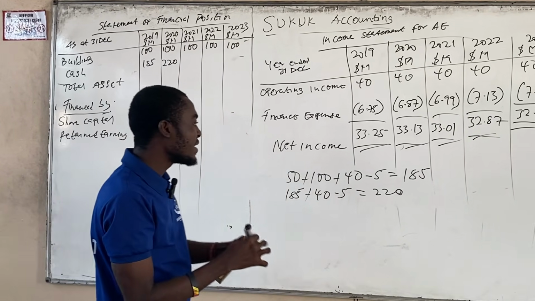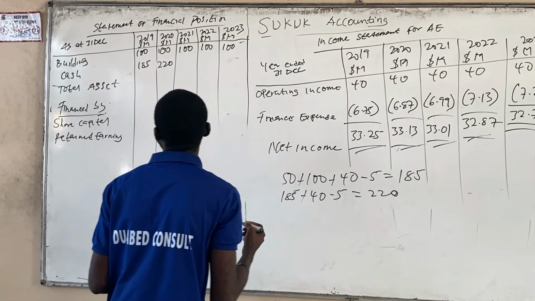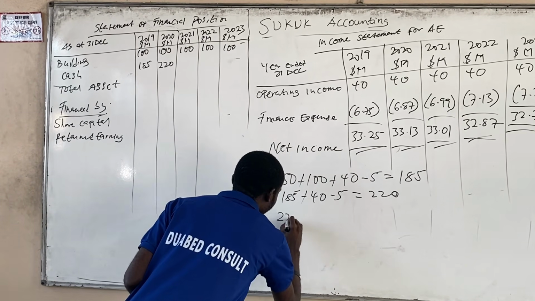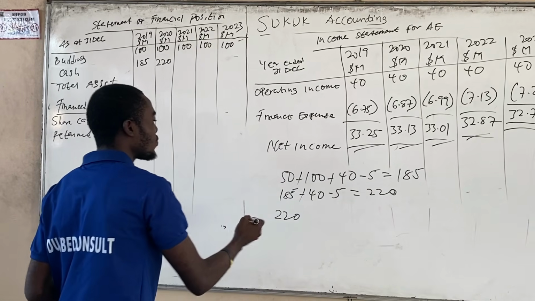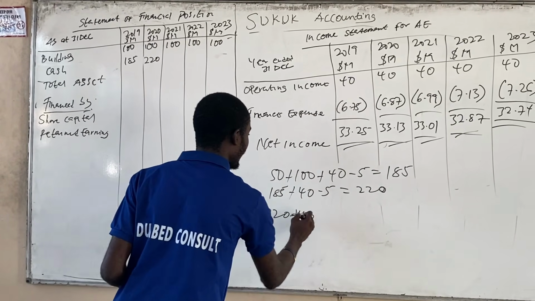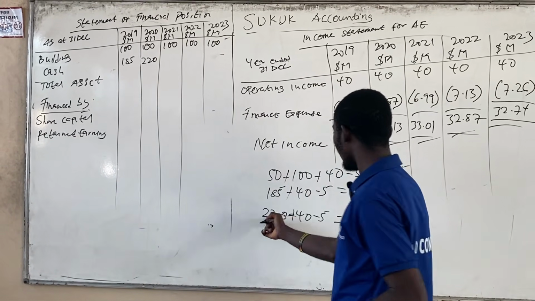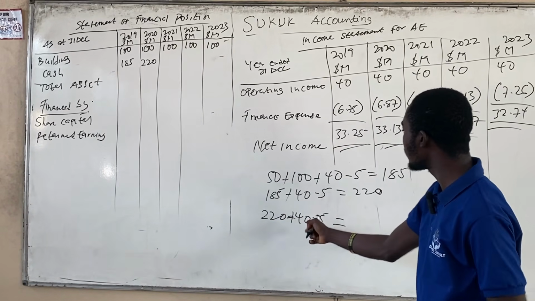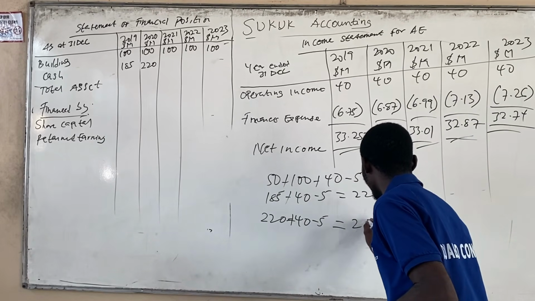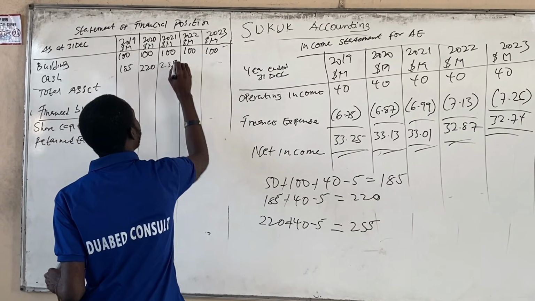And then this 220 will serve as the opening cash balance for the third year, which is 2021. For 2021, they made a profit of 40 million, and then they made a cash payment of 5 million, so minus 5. So this will give us 260 minus 5, that's 255. Over here, we have 255.